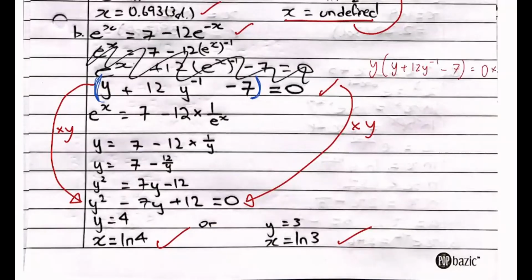Then 0 times y just becomes a 0. But y, if you multiply throughout, what do you get? Y times y is y square. Y times 12y power negative 1 is just plus 12. Then minus 7y. Oh, why didn't I do that? Yeah, a bit faster. You did a lot of steps, but eventually you get the same answer, so you get the correct answer, so it's fine.